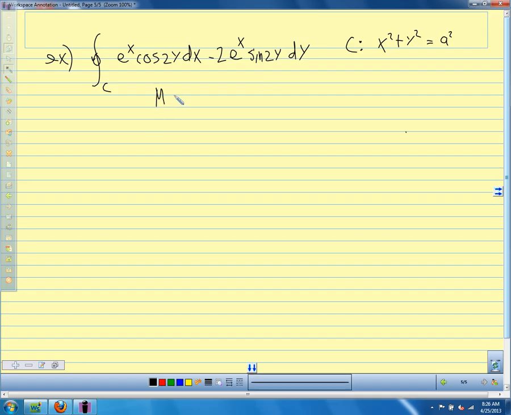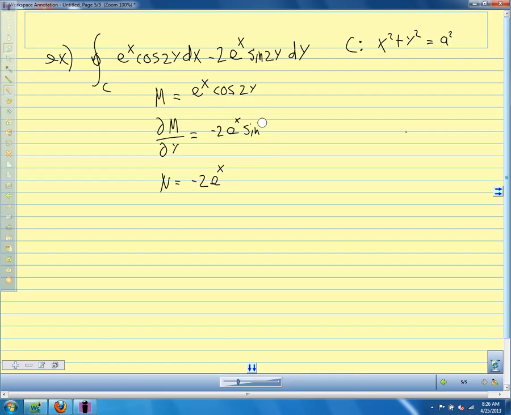So M in this case is e to the x cosine 2y. Partial of M with respect to y is going to be what? And N is negative 2. Oh. There we go. Did I write it right that time? Yes.